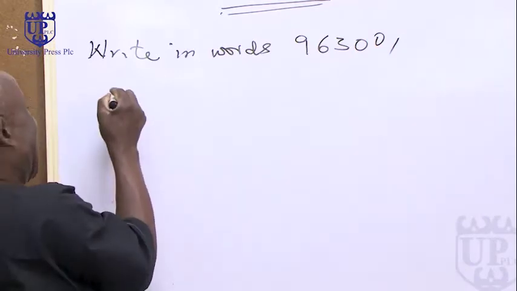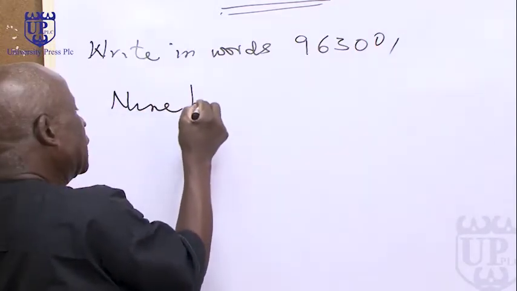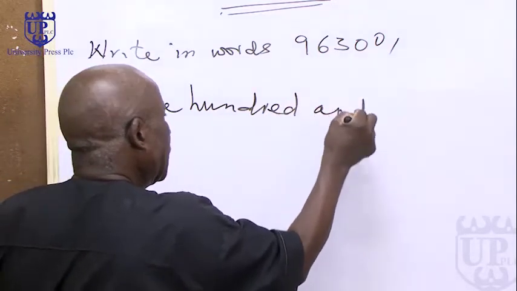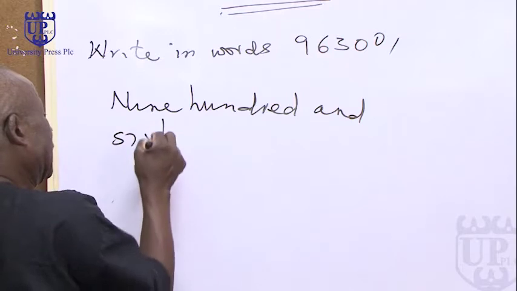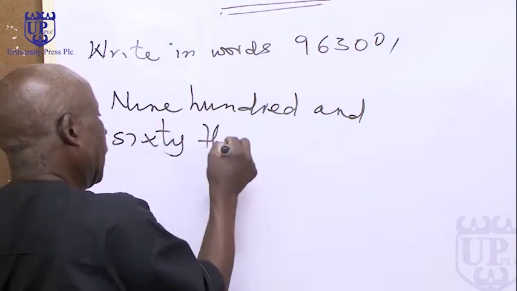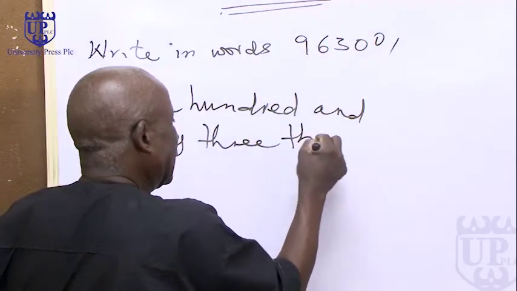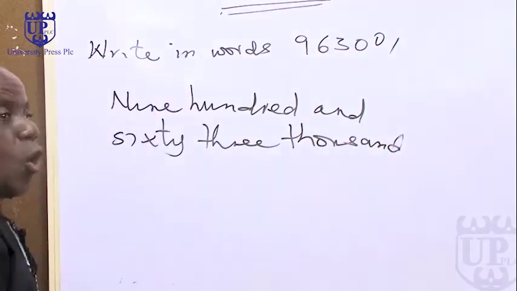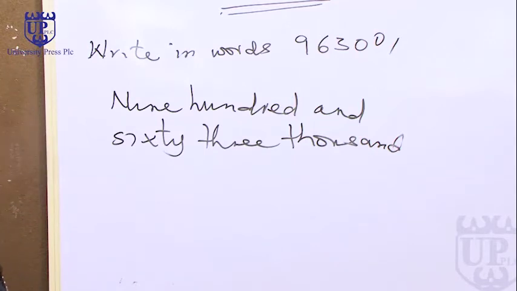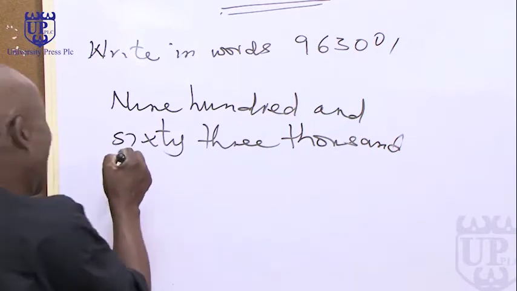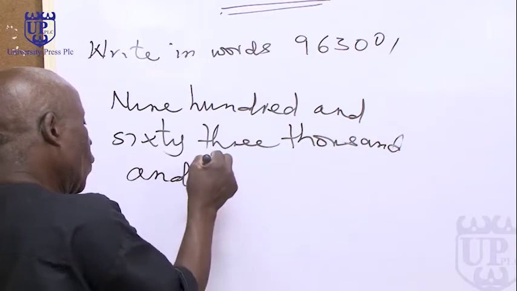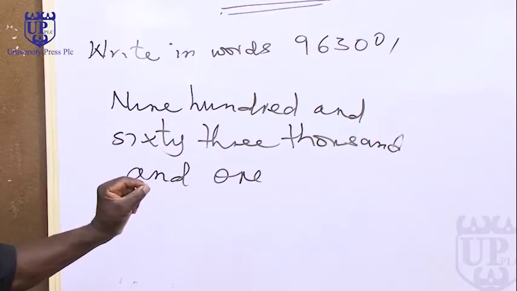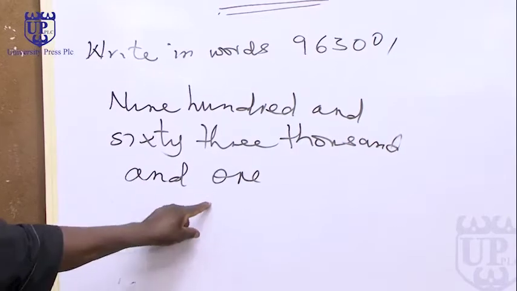900 and 63,000. You don't need to say it's 0 tens and 1. 963,000 and 1.